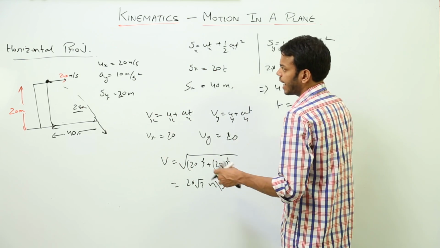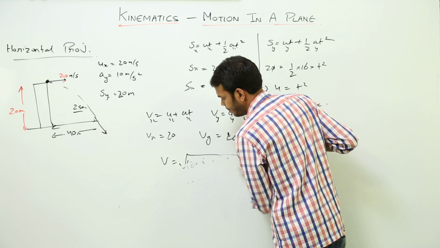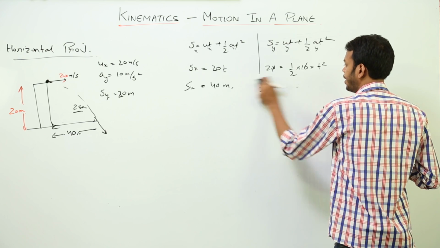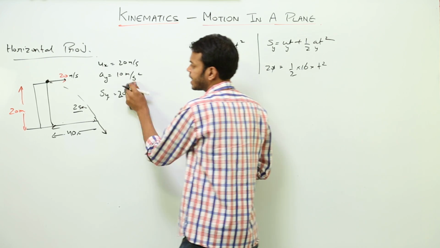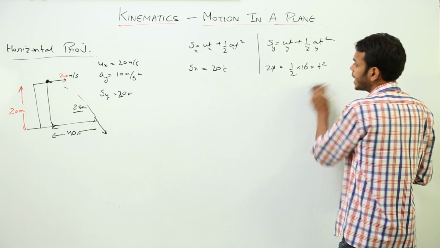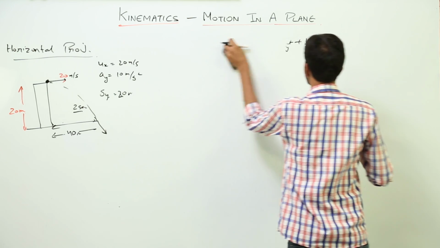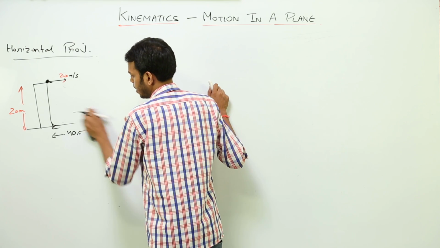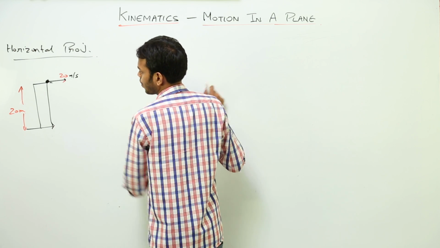One very interesting fact about horizontal projectile is that suppose we drop an object with the same height of 20 meters. What was the time which we calculated right now? It was 2 seconds, right? So suppose we drop an object with nothing, with 0.